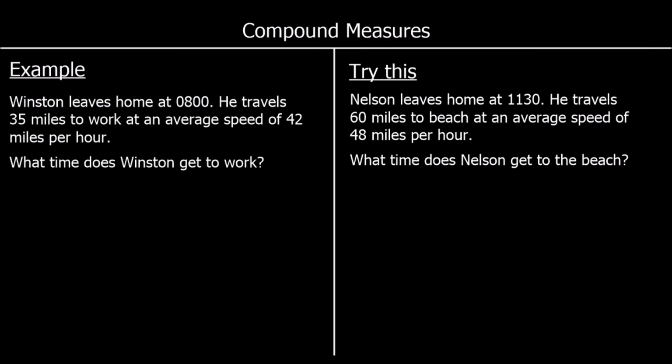Here is another question involving speed. Winston leaves home at 8 o'clock. He travels 35 miles to work at an average speed of 42 miles per hour. What time does Winston get to work? So we know speed equals distance over time. But this time we've been given the speed.